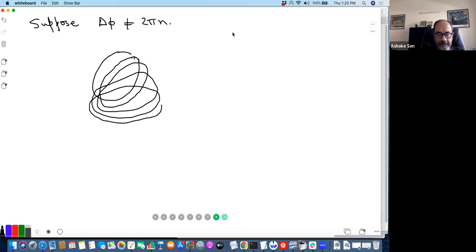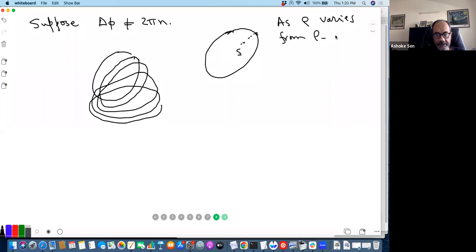Just imagine that this was the ellipse. Suppose in the Newtonian case, this is the ellipse. So this is the sun, and this is the minimum, the place where rho is rho minus. If it has to come back to the same point, then rho has to vary from rho minus to rho minus.